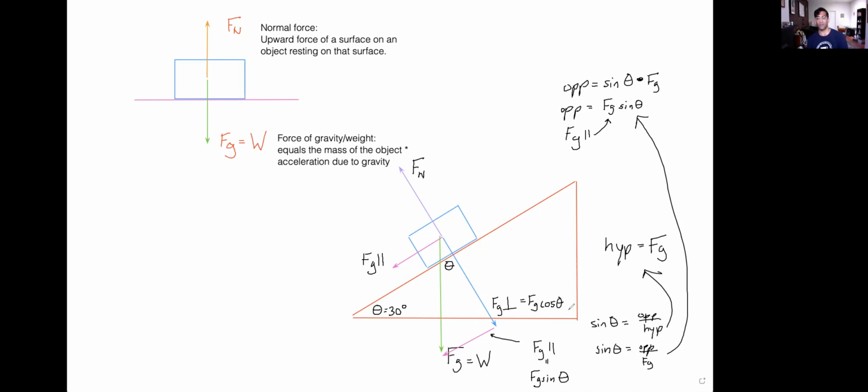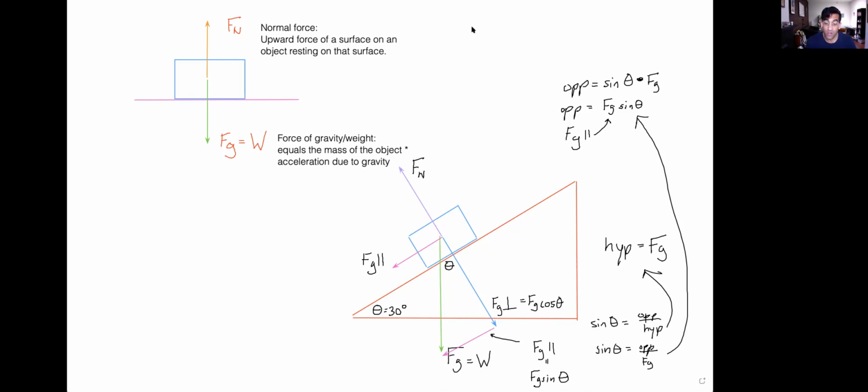One final thing that I'll mention is that what happens in these problems is that we know that our normal force and our perpendicular force of gravity are equal and opposite, as I mentioned way earlier in the video. So that means that these two vectors, I'm going to circle each one of them in black, this one and that one, will cancel each other out.